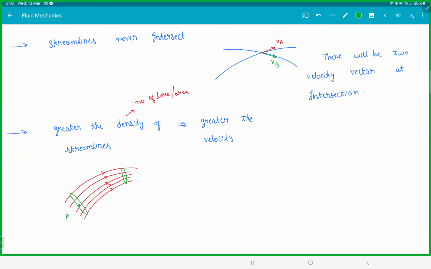So this is point A and this is point B. Velocity of B is greater than velocity of A. If you have more lines in a particular region, that means the liquid is flowing much faster. Clear?